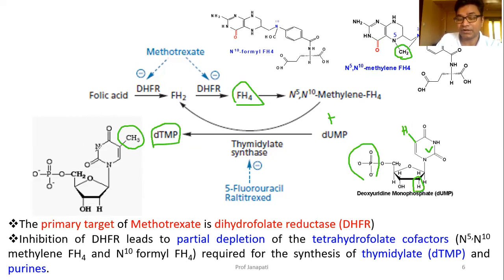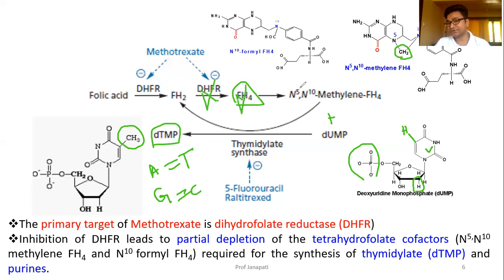This is very important, which binds to adenosine on one strand of the DNA. AT will bind, guanine will bind to cytosine. Now, if you block this, there is no FH4.